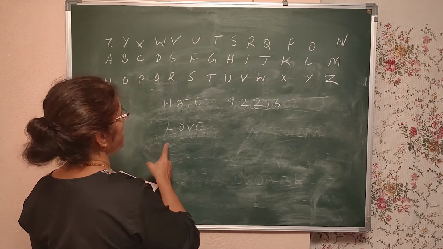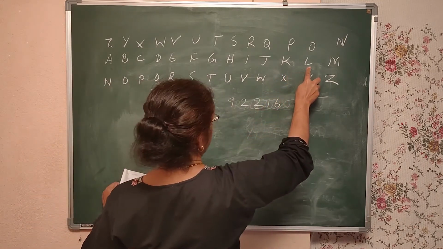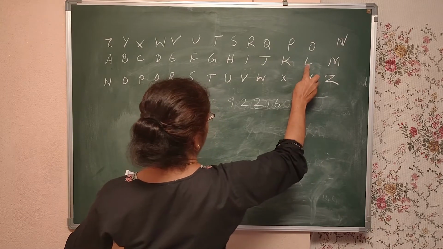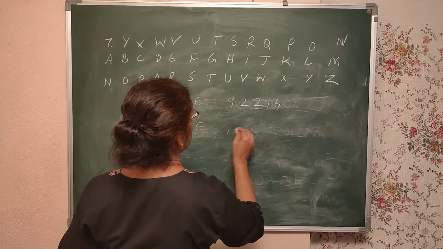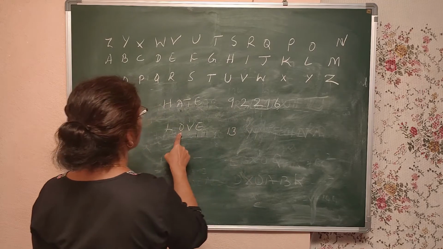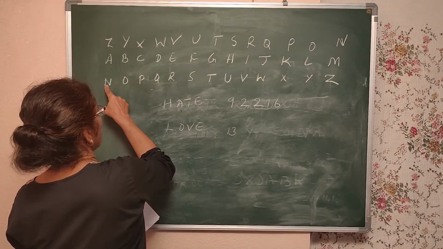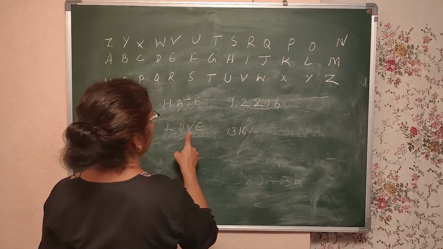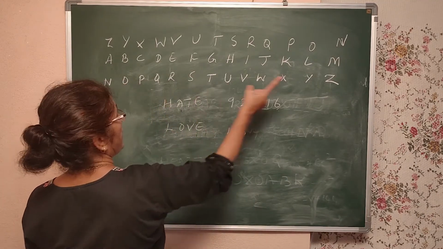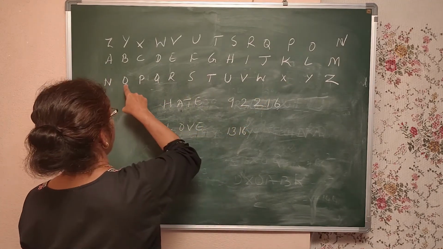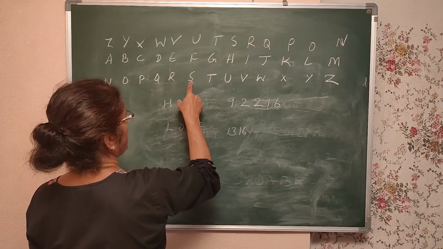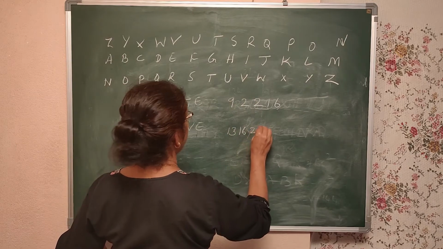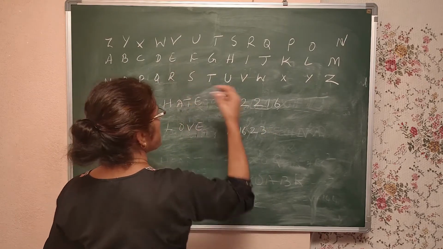Right? Laugh. L is which letter? M is 13. L is 12. So 12 plus 1, 13. O: 14, 15, plus 1, 16. V: 13, 14, 15, 16, 17, 18, 19, 20, 21, 22. 22 plus 1, 23. E 5 plus 1, 6.